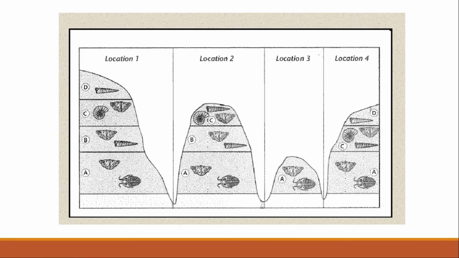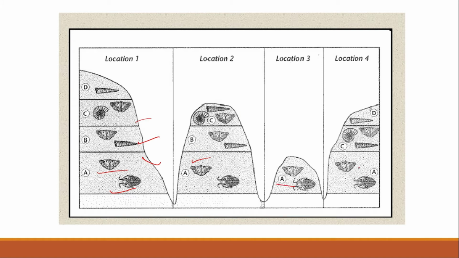Okay, look at this image. At the first strata we are finding some sort of fossils, and in the second strata we are finding some other sort of fossils. This is the first location. In the second location we are finding only strata A, B and C. In the third location we are finding only the first strata.